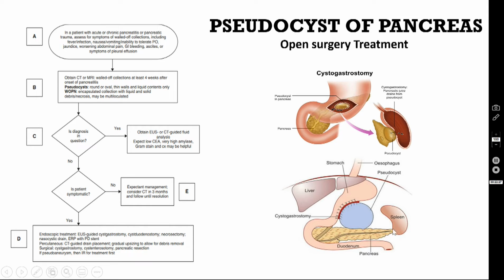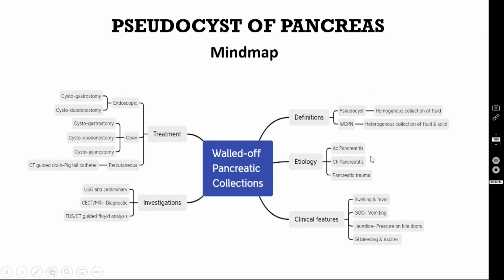Suppose the cyst is lying near the tail of the pancreas, then you can connect this cyst to the jejunum here. That is cystojejunostomy. All are open surgery. If the pancreas is having any necrosis, then you can do necrosectomy also because we have opened the abdomen already. You can do that surgery also along with this surgery.